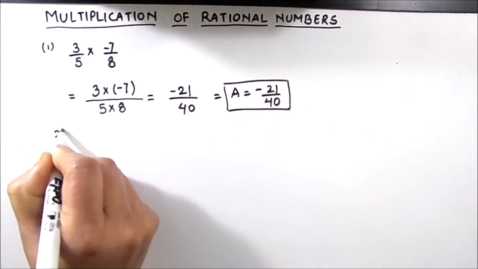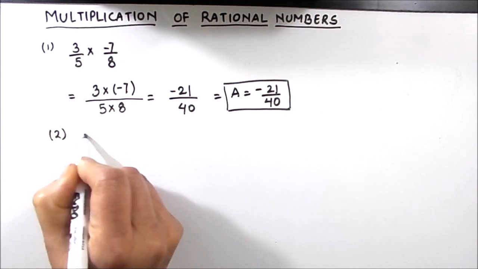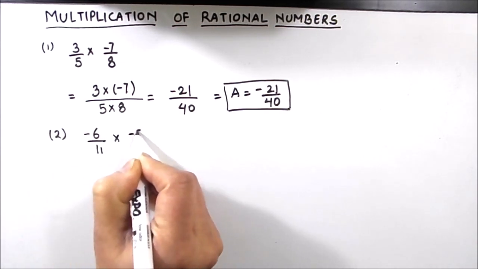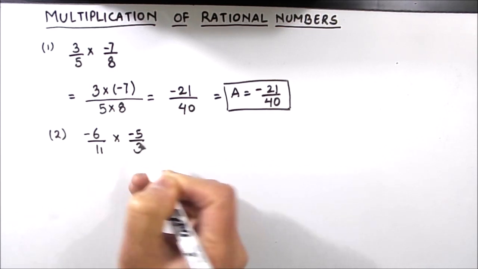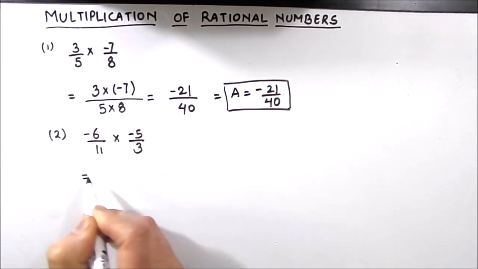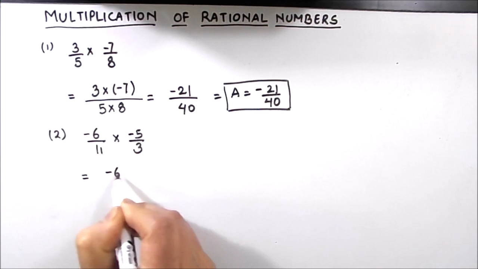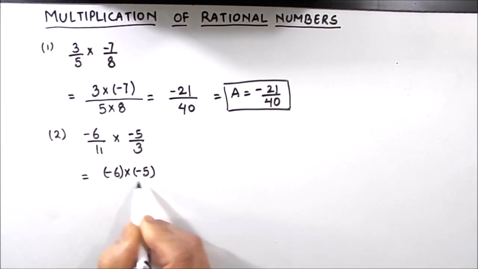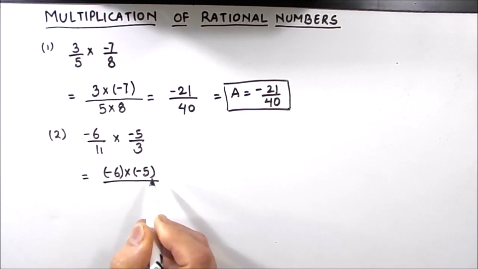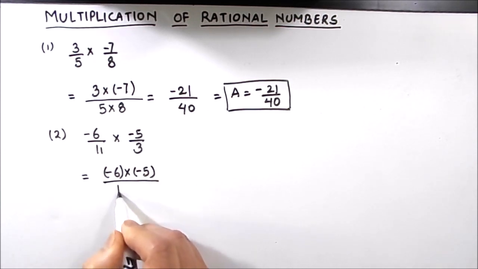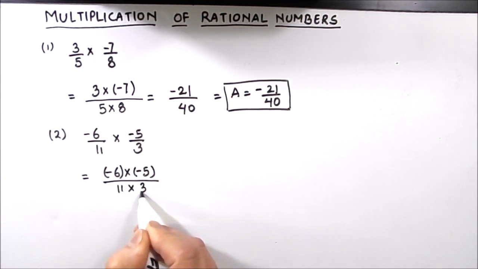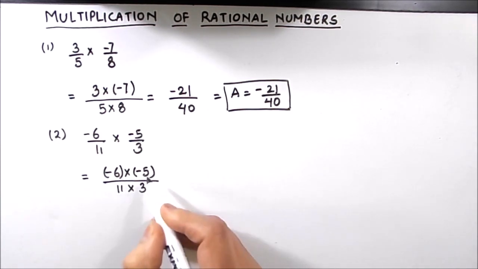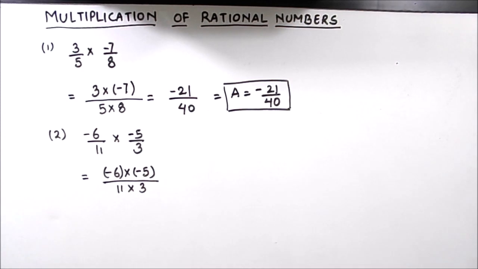Let's move on to our next example, which is negative 6 by 11 times negative 5 by 3. Here too we'll do the product of numerators and denominators separately. So negative 6 times negative 5 divided by 11 times 3. Now we have 3 and 6 with a common factor of 3. So we can cancel out these.